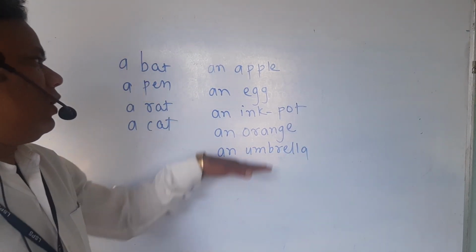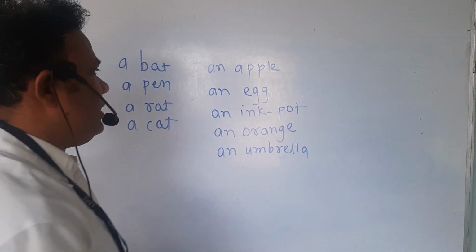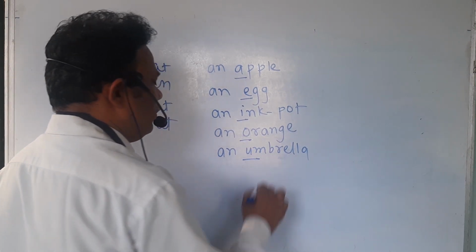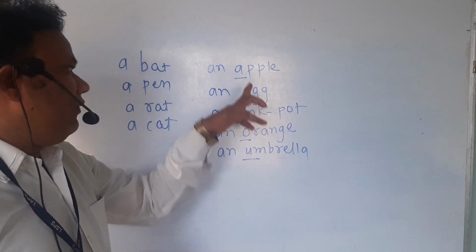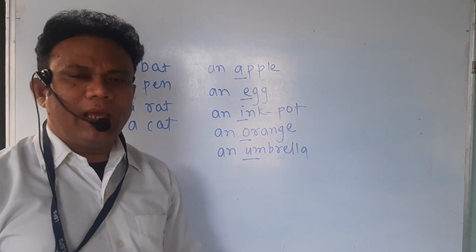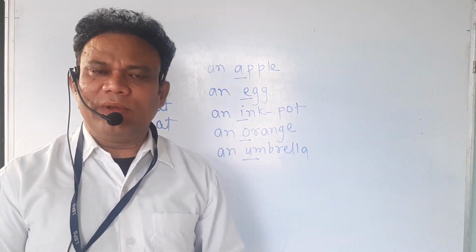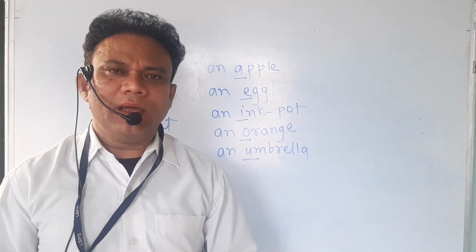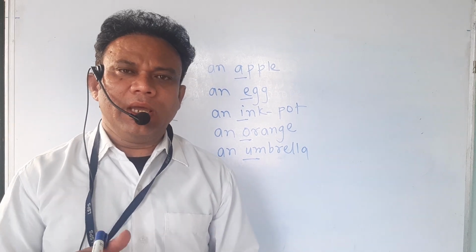You can see that all these words are beginning with vowel letters A, E, I, O, U. So this is the general rule: before a word beginning with a vowel we have to use an, and before a word beginning with a consonant we have to use a.